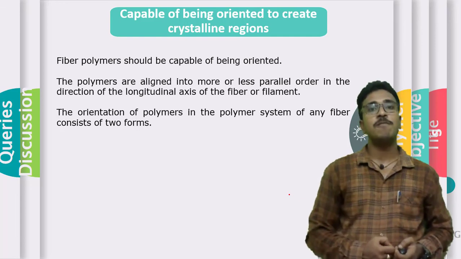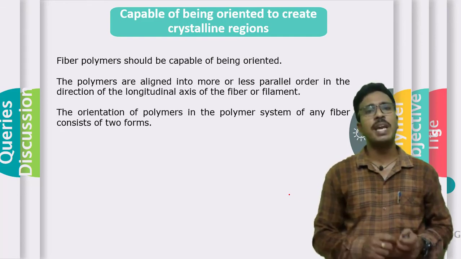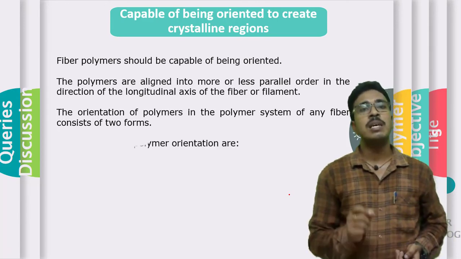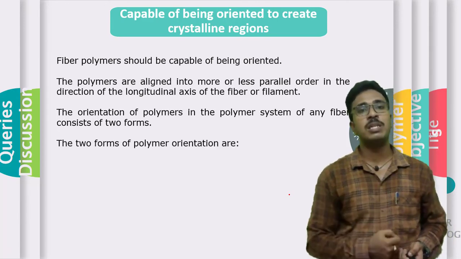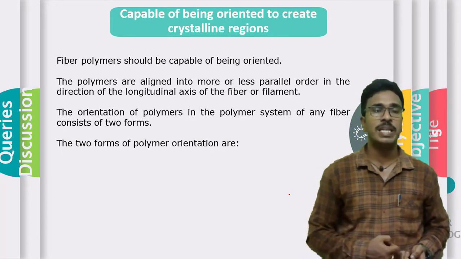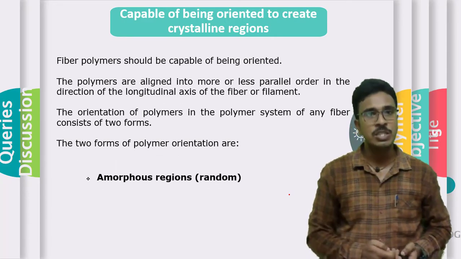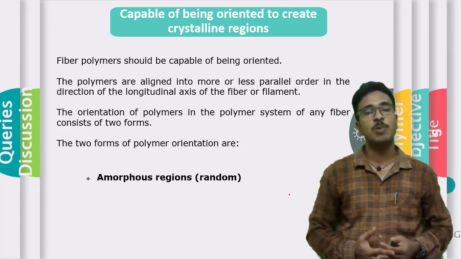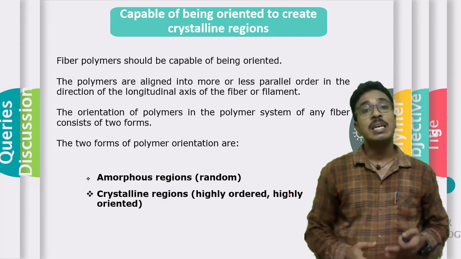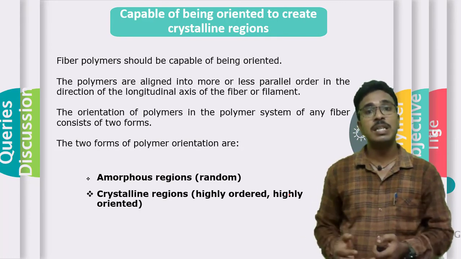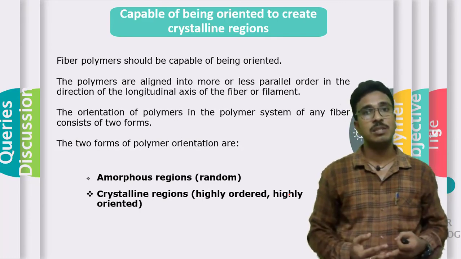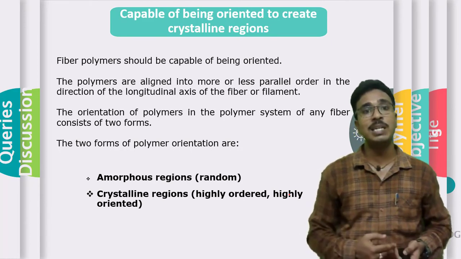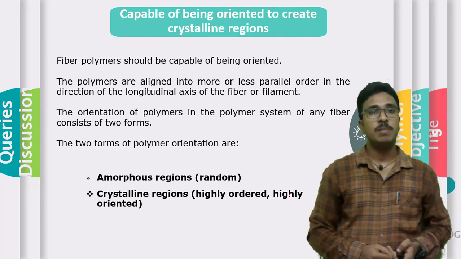The orientation of polymers in the polymeric system of any fiber consists mainly of two forms. One is the amorphous region, which is also called the random arrangement of molecules in a polymer, and the second is the crystalline regions, which are highly ordered regions, close packing of molecules in a polymer system, or highly oriented regions in a polymer.